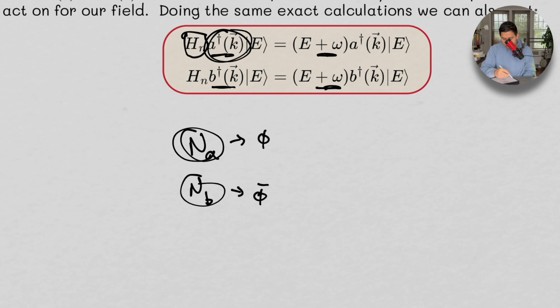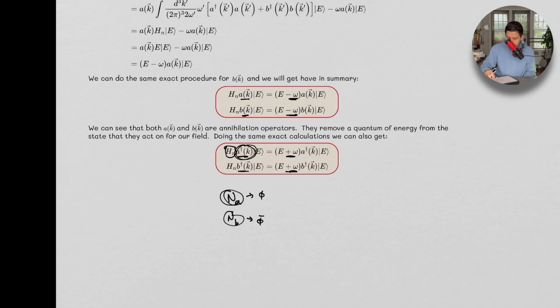So these are creation and annihilation operators, but they only make sense physically within the context of this H or these N's. We're going to take a look at these also later.